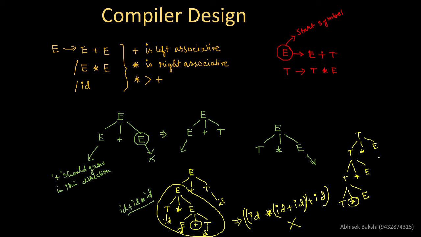That means star is left associative. But that I don't want. I want star to be right associative. That means I cannot write T as T star E. Rather, we have to write, I'm sorry, we can say E star T.